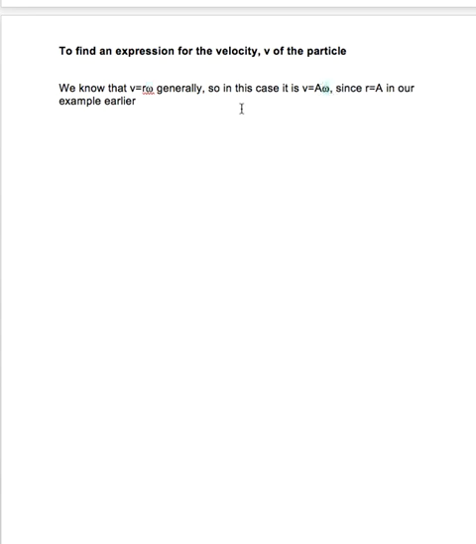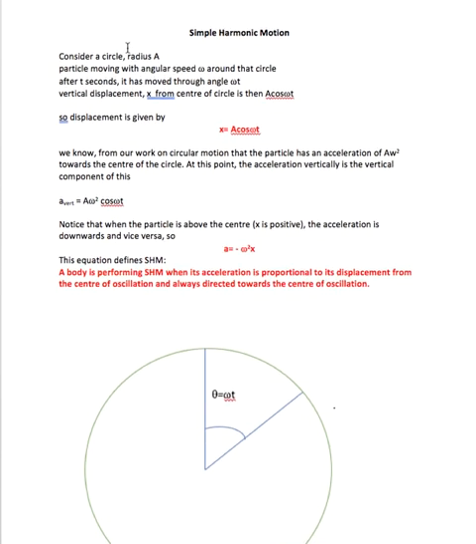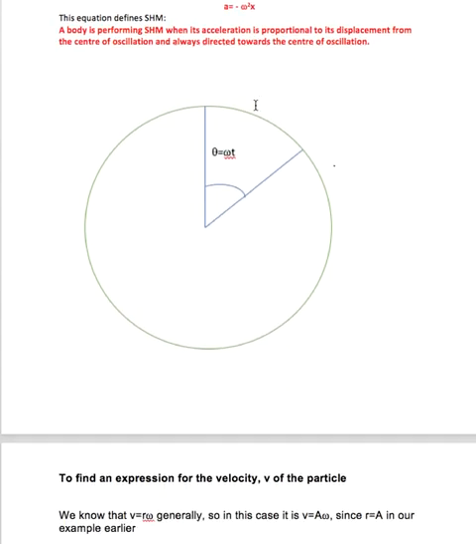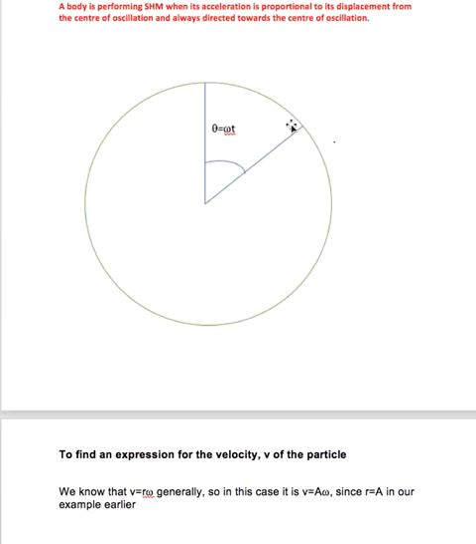And in this case, r, if you remember, we said was A. The radius of our circle is A. So we have v equals r omega generally, and in this particular case, v equals A omega. Now, that's the velocity of our particle at any point in its circle.